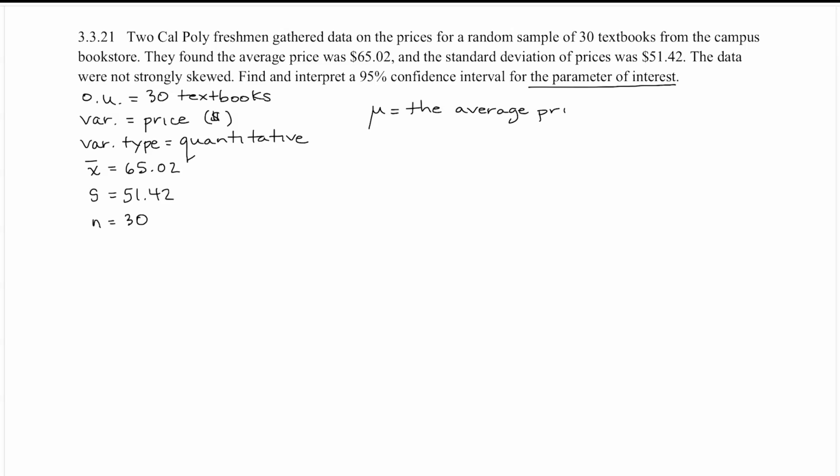Since our variable is quantitative, that parameter is a mu symbol, and we know it's a population mean. This would be the mean or average price of all books in the campus bookstore. So again, that's textbooks.